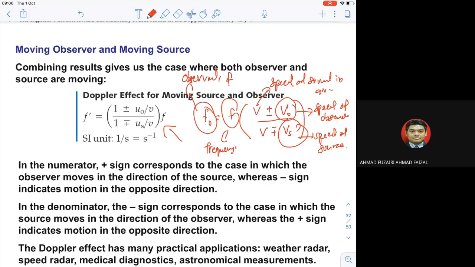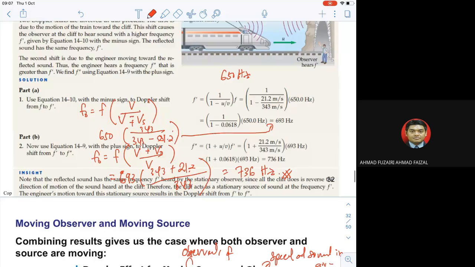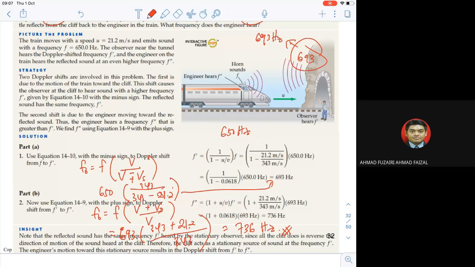And how to solve the problem of moving observer and moving source. But at this point, you should know to use the equations. Please, I'm encouraging you not to use my slides' equations, but to use the textbook's equation.